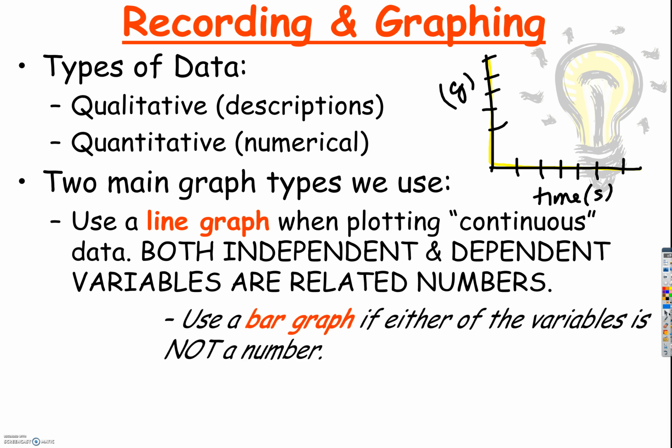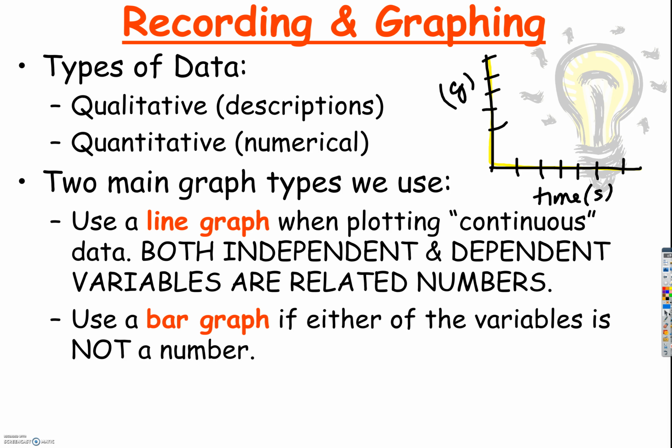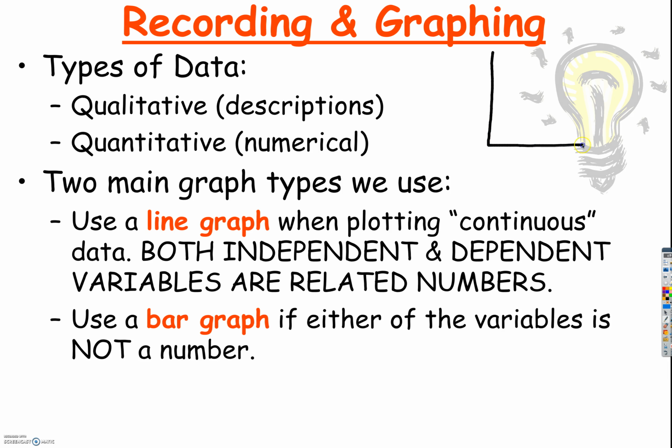A bar graph, on the other hand, is what you're going to use when one of your variables is not a number. For example, if you were looking at what color shirts everybody was wearing, and your options were teal, gray, black, and white, and then this would be the number of people.